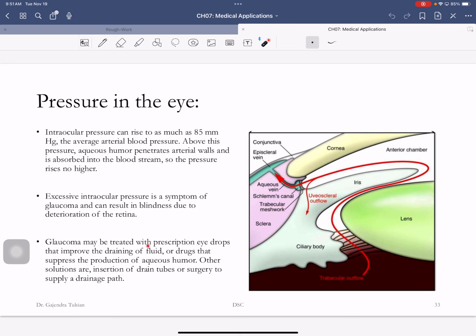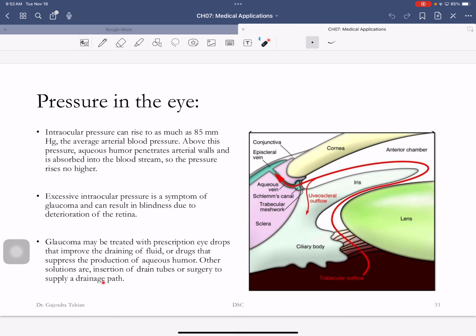Glaucoma may be treated with prescription eye drops that improve the draining of the fluid, or drugs that suppress the production of aqueous humor. If you suppress the production of aqueous humor, of course, you're not getting enough nutrients to the cornea and the lens. Other solutions are insertion of a drain tube.